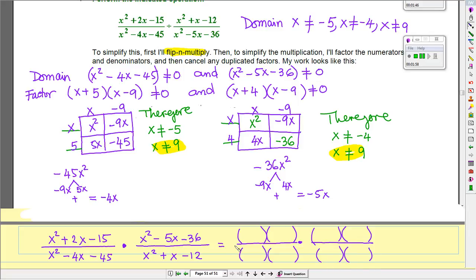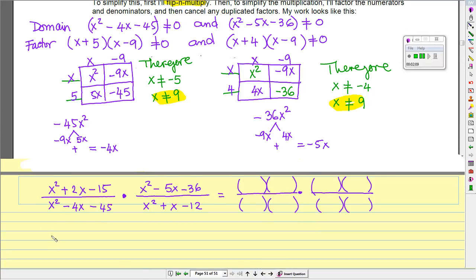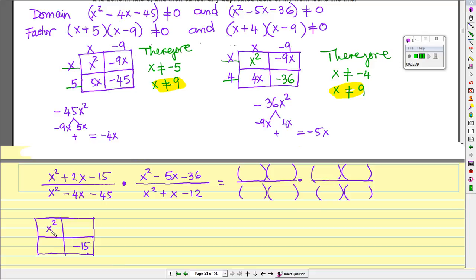Okay, so let's start with x squared plus 2x minus 15. I'm going to go ahead and draw a box. I'm going to put the leading term x squared in the top left corner, and negative 15 in the bottom right corner of our 2x2 box, and multiply the two numbers.